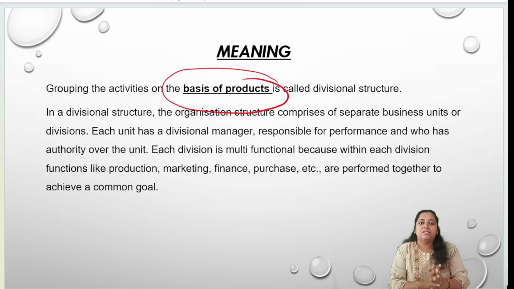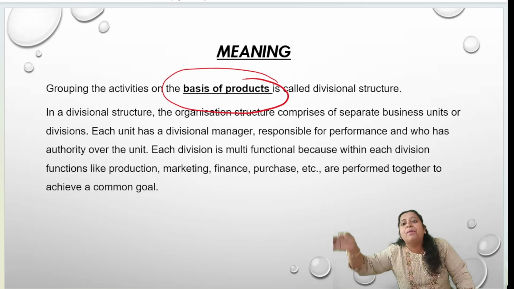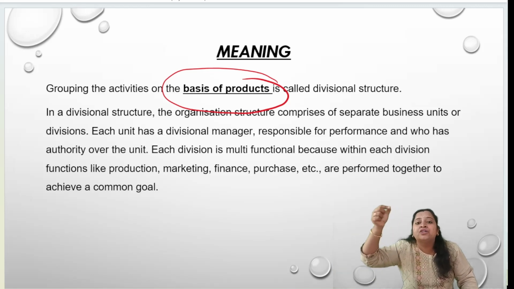Under FMCG, we have different departments: a production department, finance department, human resource department, sales department, and marketing department. Understand carefully: under each division, you'll again have separate departments and separate functions.